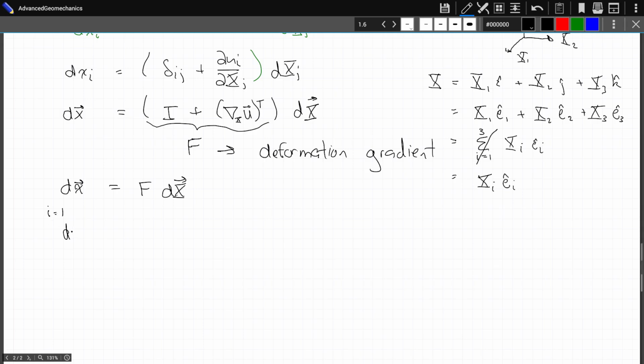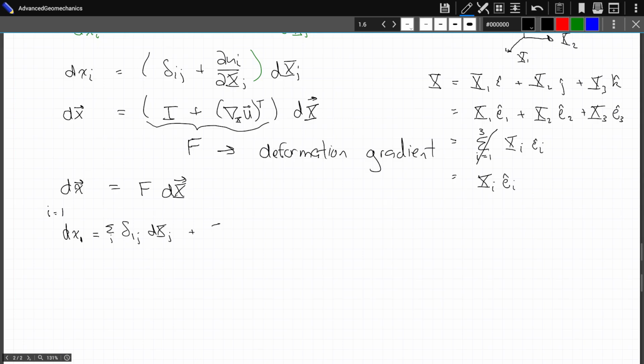So that's dx1 equal to Kronecker delta 1j dxj. Oh, I don't need the vector symbol there because it's a component, right? So that's Kronecker delta 1j, and again, this is the sum over j, okay?